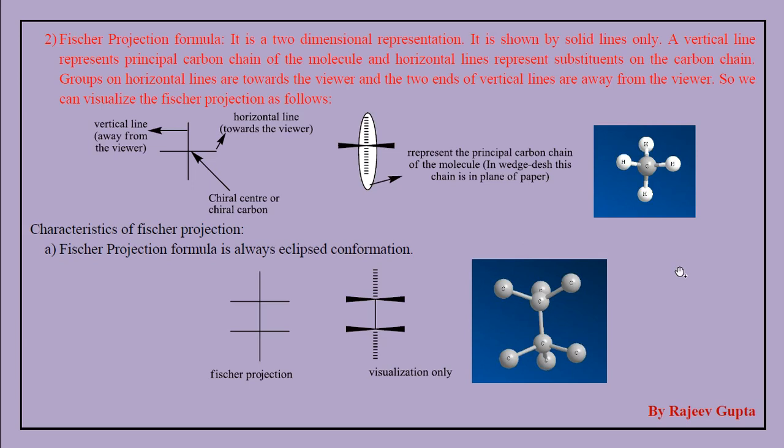Now comes the Fischer projection, or Fischer representation. It is a two-dimensional representation. As we saw, the wedge-dash representation was three-dimensional, but this representation is two-dimensional.